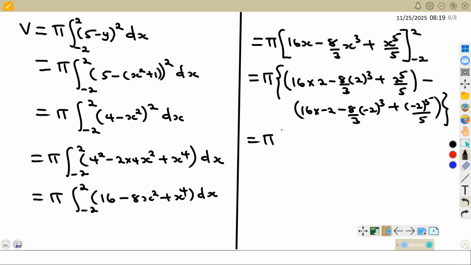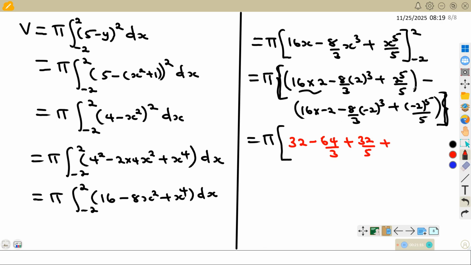So this will be the same as pi into, let us simplify this. 16 times 2 is 32. Minus 8 times 8, that is 64 over 3, plus 32 over 5. From that, we are subtracting negative 32, so it means we are adding.